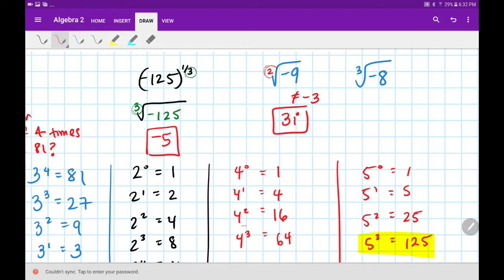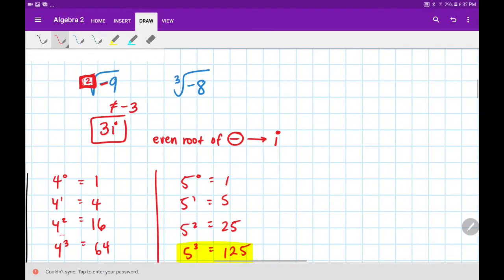Because think about it. There is no number where if I multiply it by itself twice is going to give me a negative. So remember, whenever we have the square root of a negative, or in general, any even root of a negative number, it is going to give us an imaginary solution. But with this example, it actually is equal to negative 2.